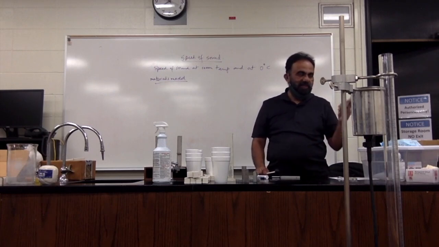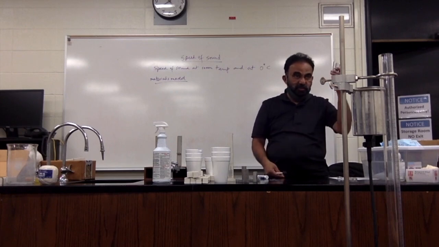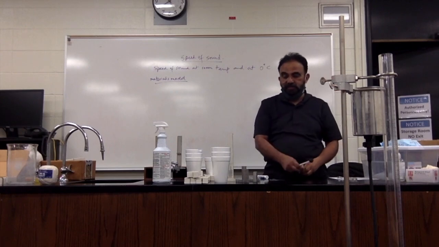All right, so this is A, and that is C. So 512 and 426, these are the two tuning forks we are going to use to study this.